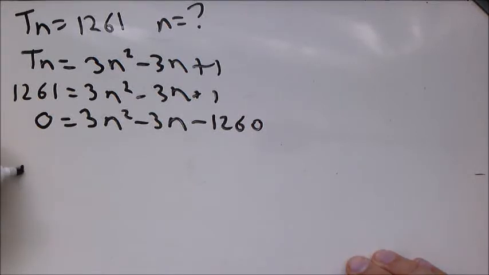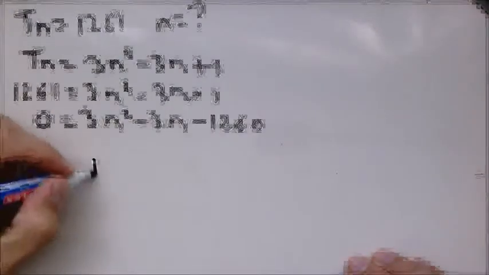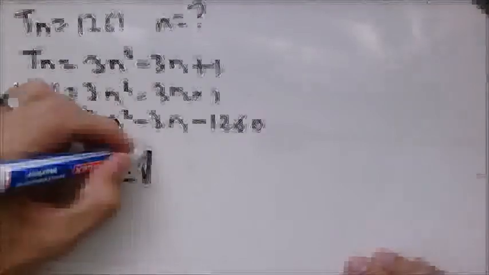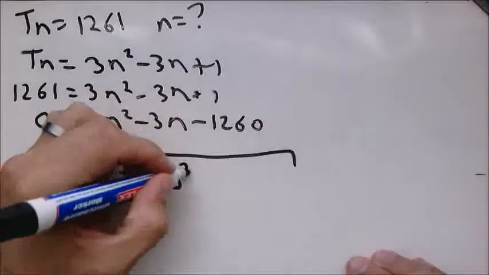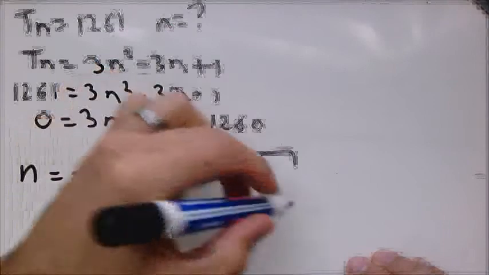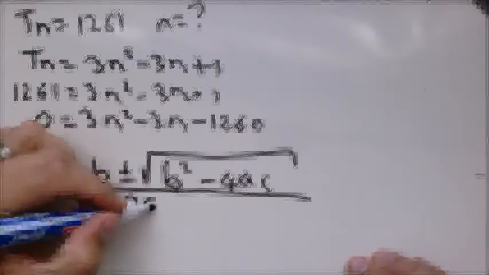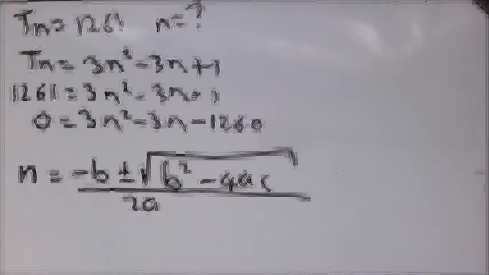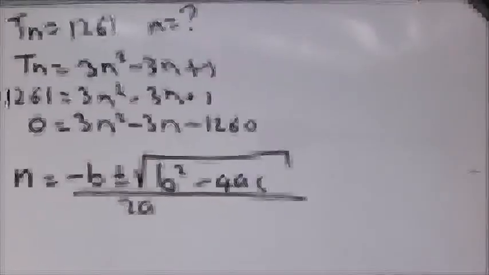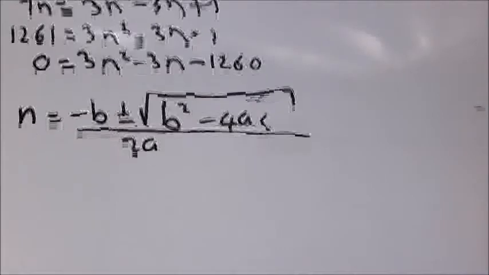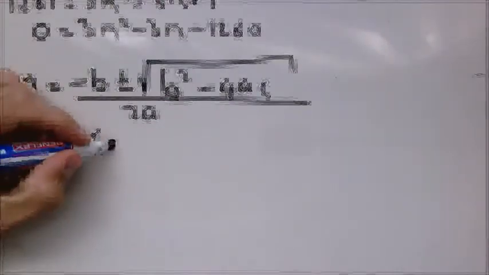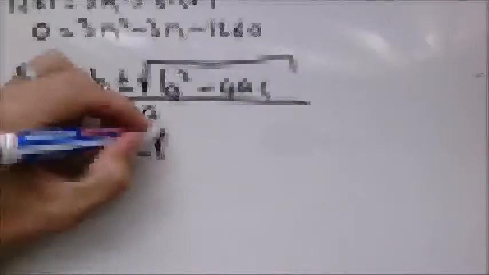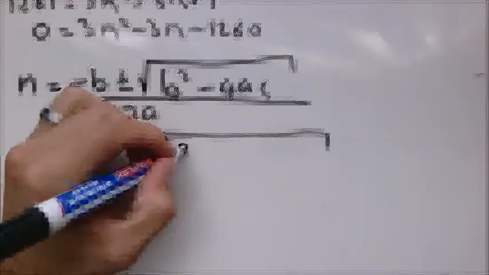So in this case, n would be equal to minus b plus minus square root of b squared minus 4ac. Can you see how all of the things just tie together again with mathematics? That's how it works. And now, plug and play. Minus a negative 3, remember your brackets. It just makes life easier.